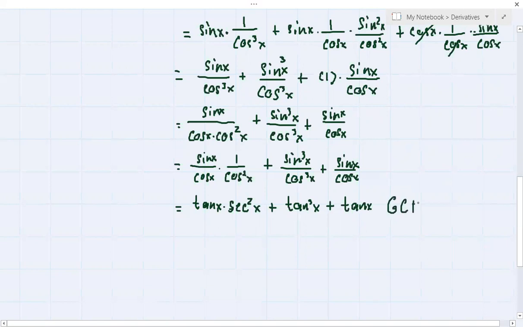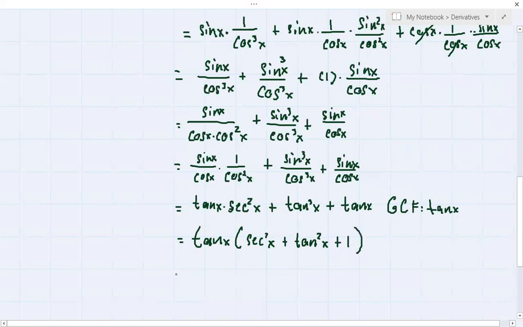At yan yung greatest common factor nilang dalawa, si tangent x. So we can bring it out. So magiging tangent x times secant squared x plus tangent squared x plus 1. There you go.